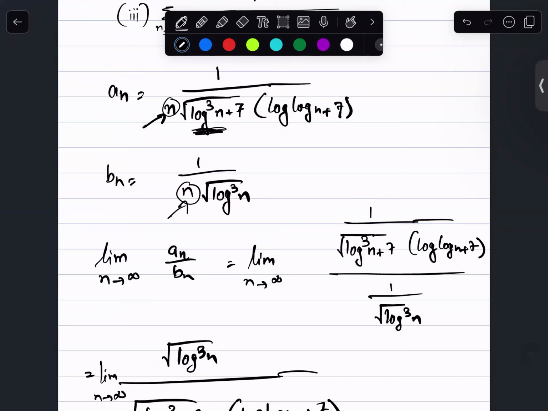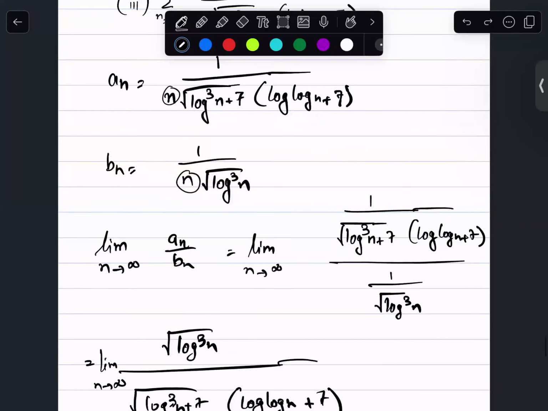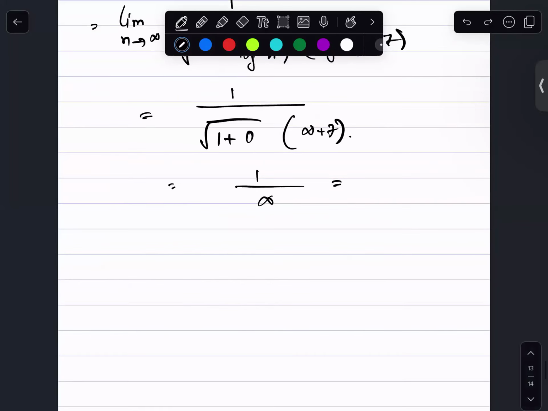Therefore I have chosen it that way. So maybe you will not get bn directly. You have to try out different things, and after some time you should get what your perfect bn looks like.